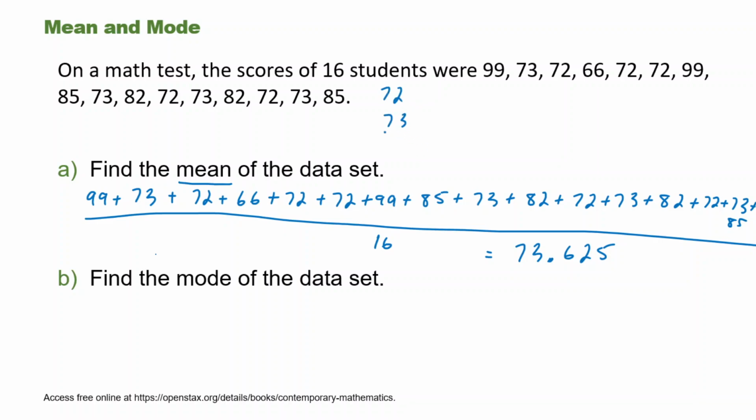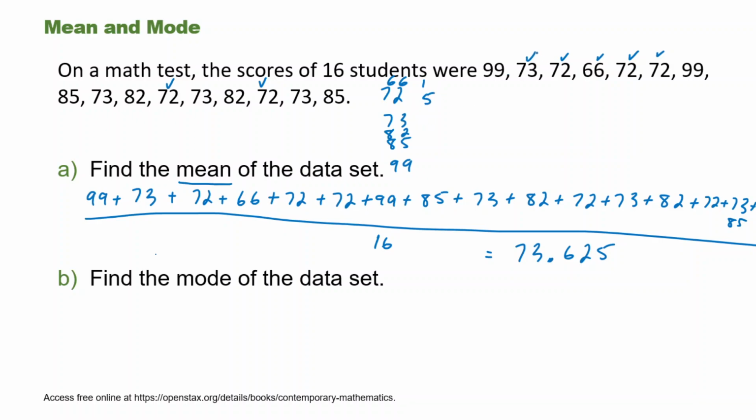I'll go ahead and write all of these actually. 73, 72, we had 66, 99 is somewhere on this list, 85, 82 is on the list. Okay, so there is 1 66, there's 1, 2, 3, 4, 5 72s.